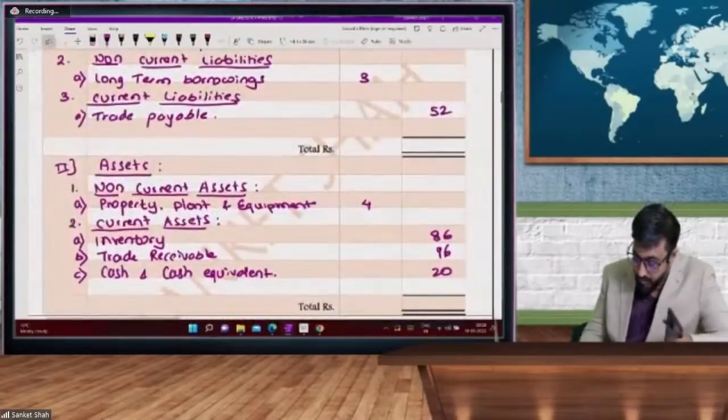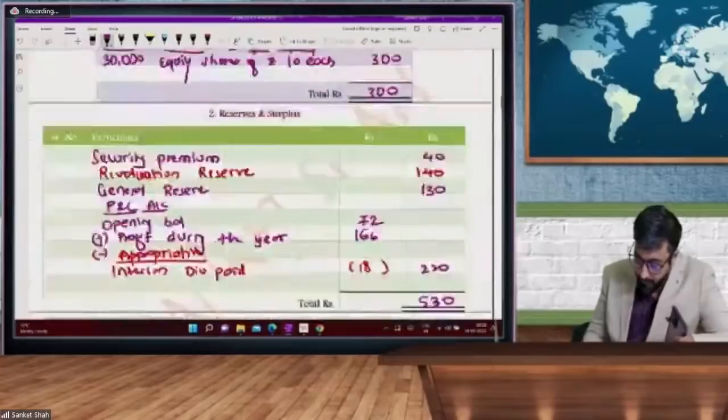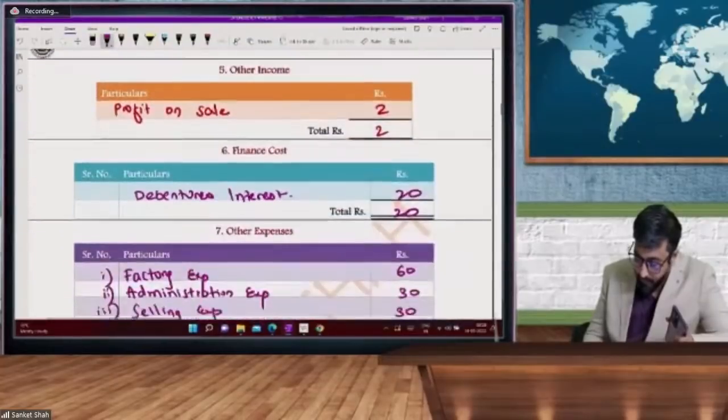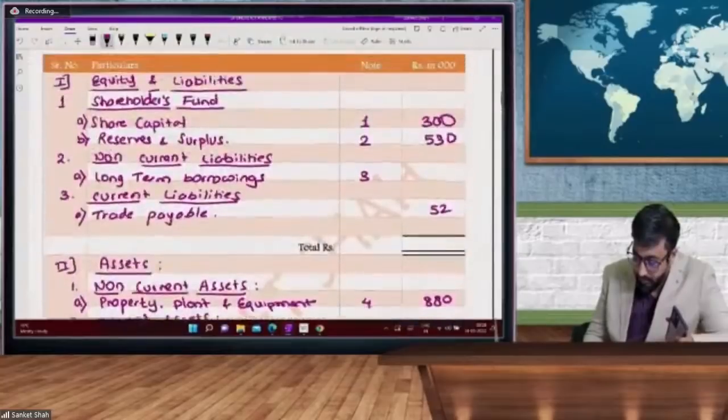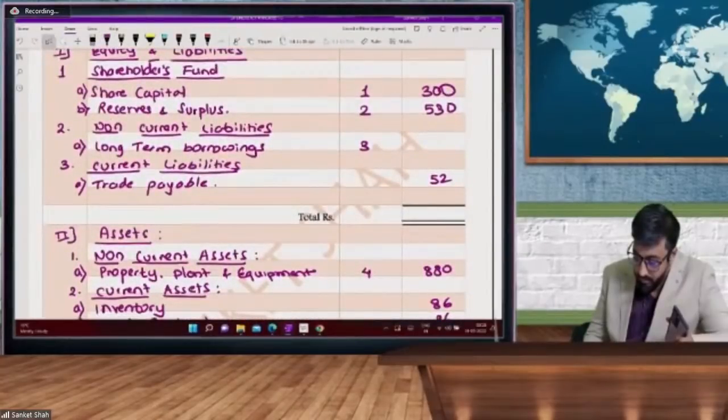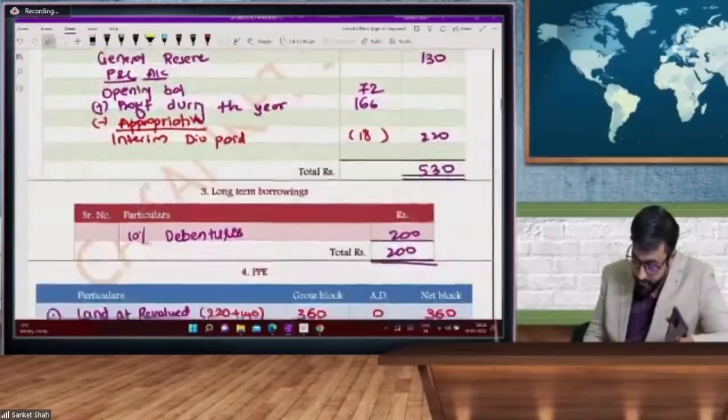So plant and machinery 880. And long-term borrowings 200.